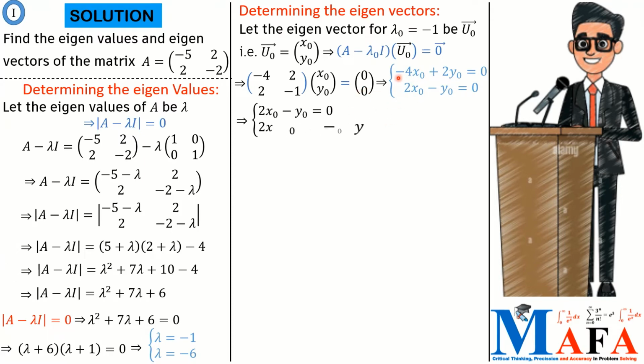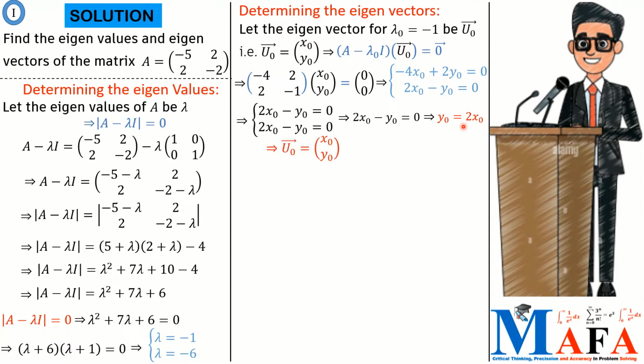For the first equation, if we divide throughout by -2, we get 2x0 minus y0 equal to 0. The second equation remains intact. So these two equations boil down to one equation because they are the same. So we have 2x0 minus y0 equal to 0, meaning that y0 is equal to 2x0.